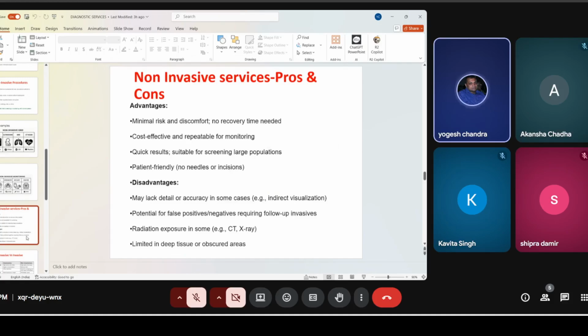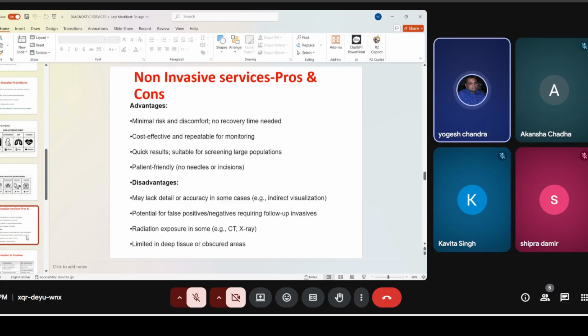And before doing this contrast test, you need to do the renal function test of the patient, because most of the dye is excreted from the body through the kidney. And if your kidney does not work properly, then the dye will not get out of the body after some time. And if dye is not going to get out of the body, it will create certain complications. So that is very important.